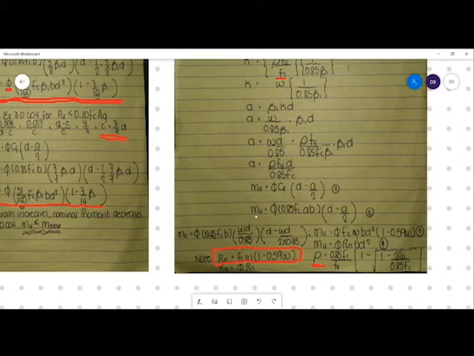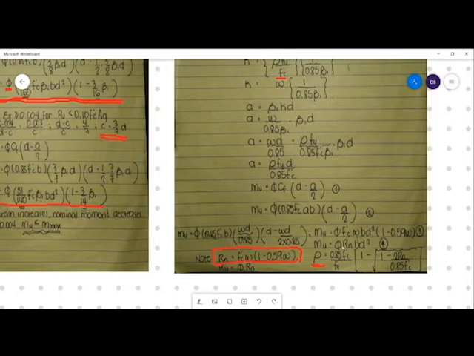Then Mu is equal to phi multiplied by 0.85 f prime c a b, multiplied by d minus a over 2. Third, phi f prime c omega b d squared multiplied by 1 minus 0.59 omega, wherein f prime c omega multiplied by 1 minus 0.59 omega is also called R sub n, which is also termed the coefficient of resistance.